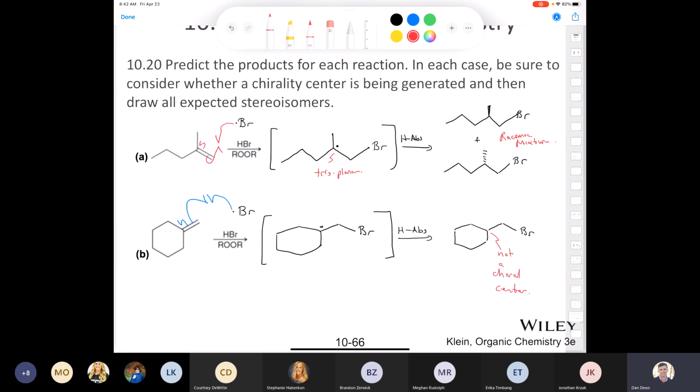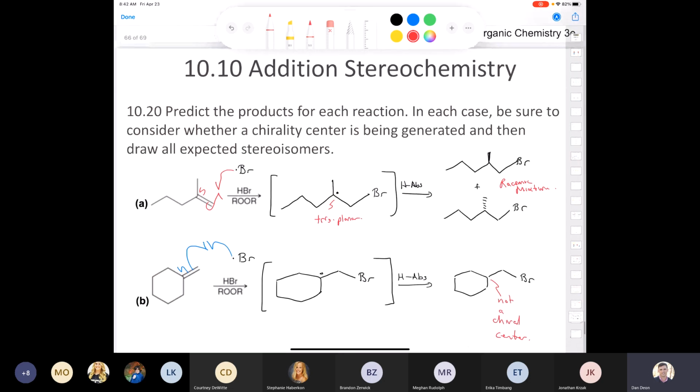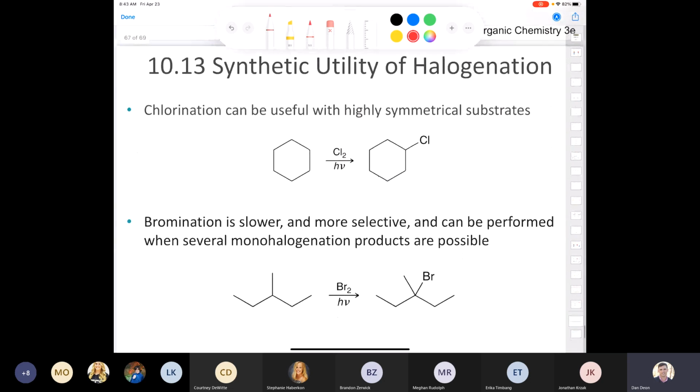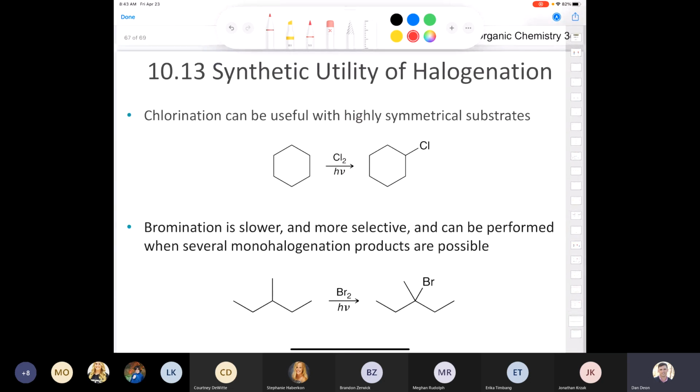There we go. So that brings us to the end of the new reactions, new mechanisms, and new regioselectivity and stereochemical considerations that we have to take into account. And the last section that we're going to look at in this chapter is section 10.13, which is just the synthetic utility of halogenation.